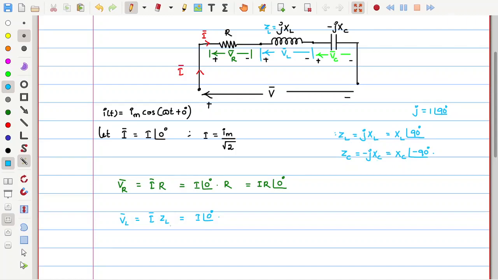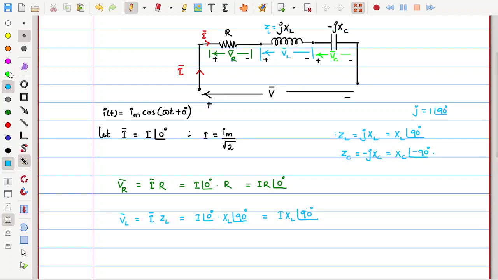Now I can write ZL, because it is a multiplication, preferably using the polar form, which is XL at an angle of 90 degrees. Then you can just multiply the magnitudes and add the angles, that is I times XL at an angle of 0 plus 90, which is 90 degrees. What is this? The voltage across the inductor.